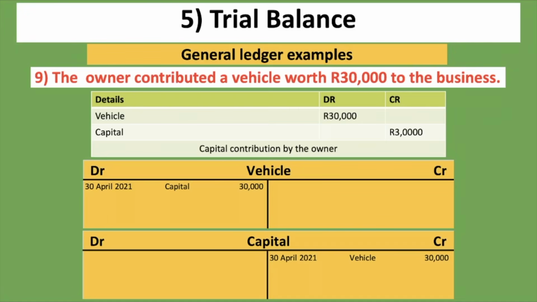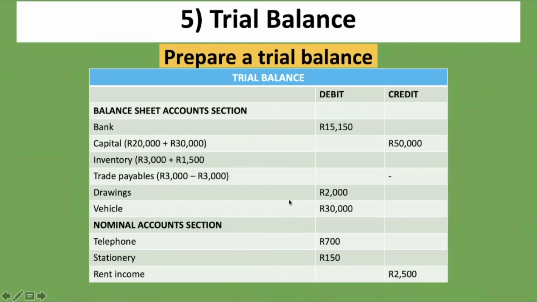So they're both 30,000 rand. So put the vehicle 30,000 rand, and capital we've increased by 30,000 rand. So it's the 20,000 rand we have done before and the 30,000 rand, and you've got 50,000 rand for capital, and then for vehicle it's 30,000 rand. Remember, vehicle is an asset, so it increases on the debit side. All right, and inventory, and remember there's nothing else on inventory there, so we just put the total here, 4,500 rand.